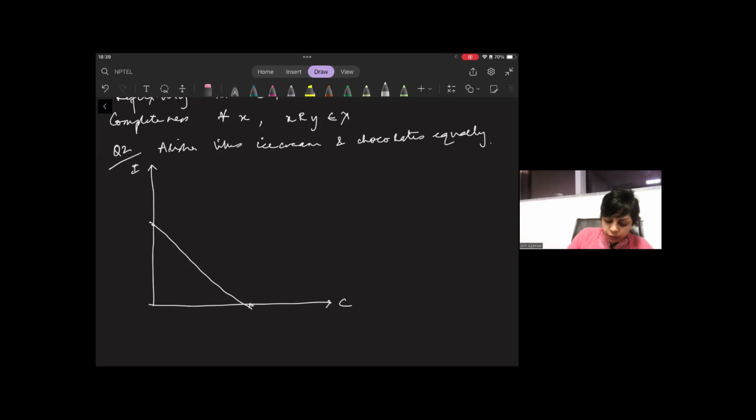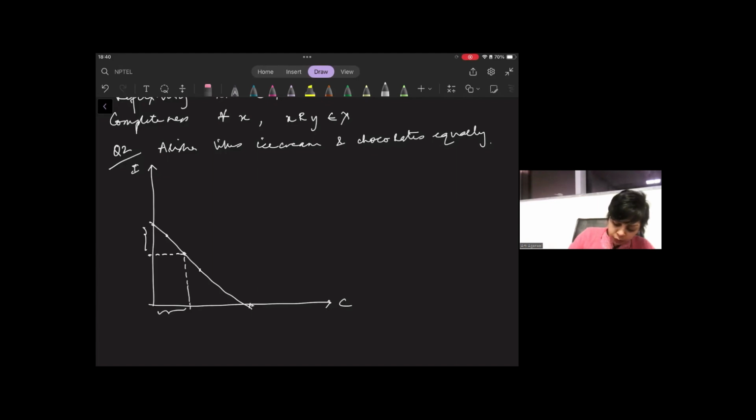Why? Because on this line, at any point, you can take a small segment where the change over here by some quantity is the change in this also by the same quantity.